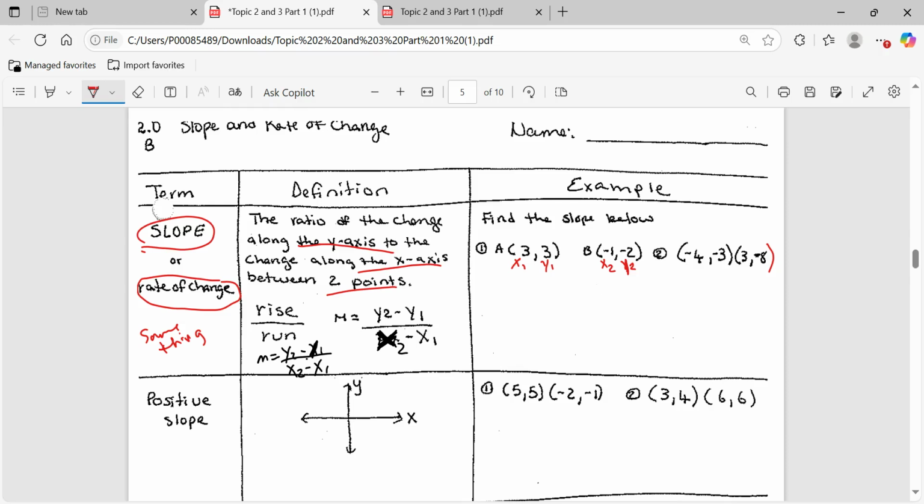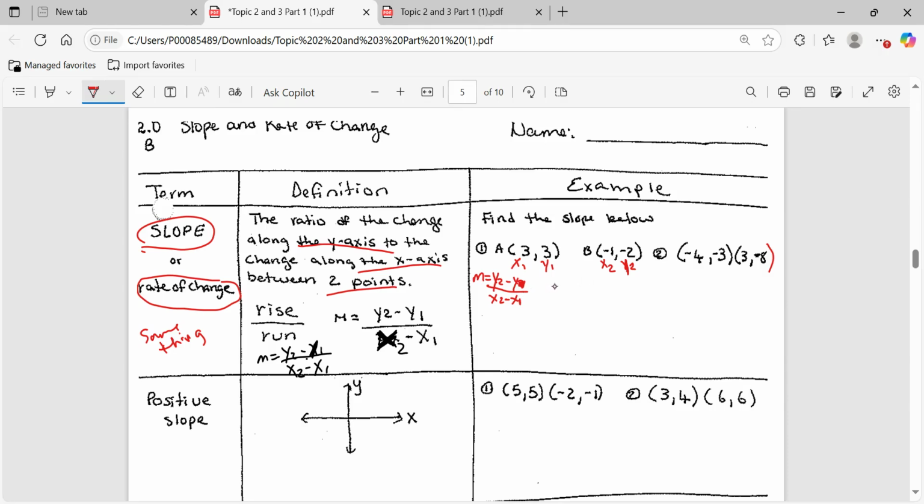To find the slope, how it changes, your slope is y2 minus y1, your change in y's, divided by x2 minus x1, or your change in x's.